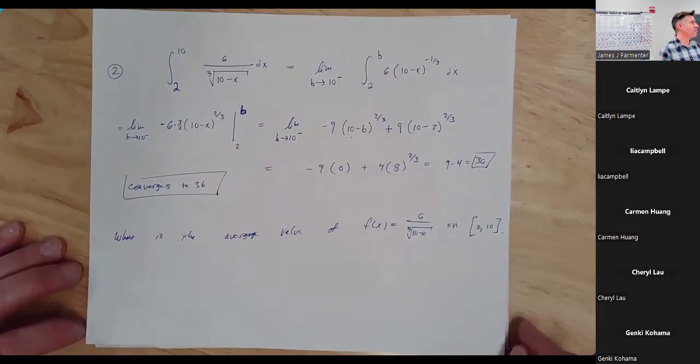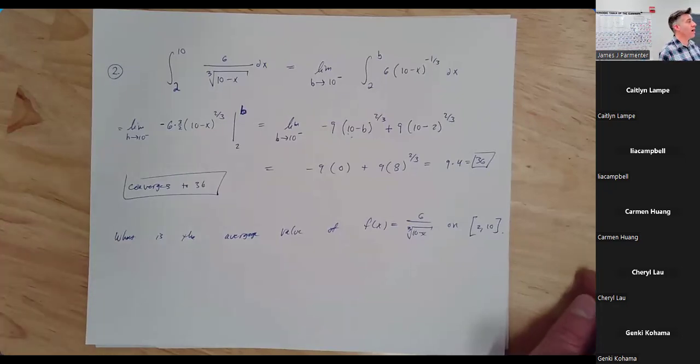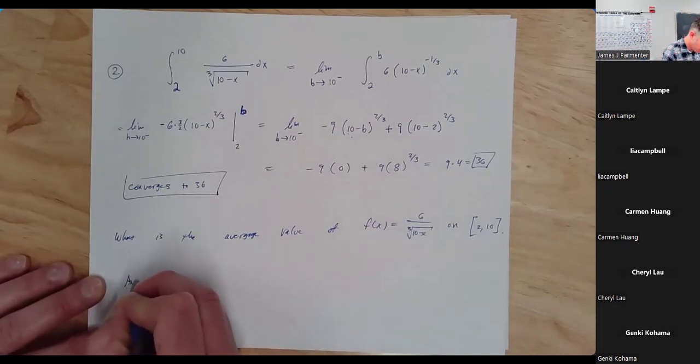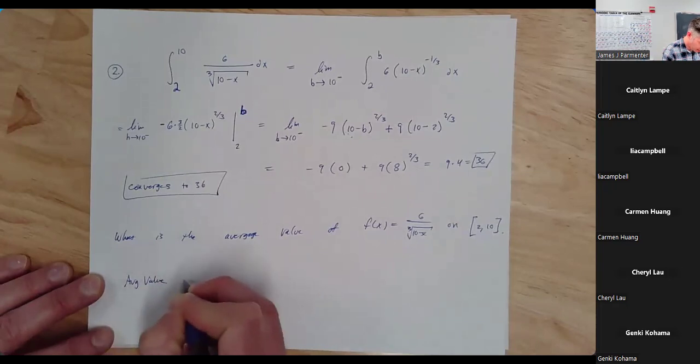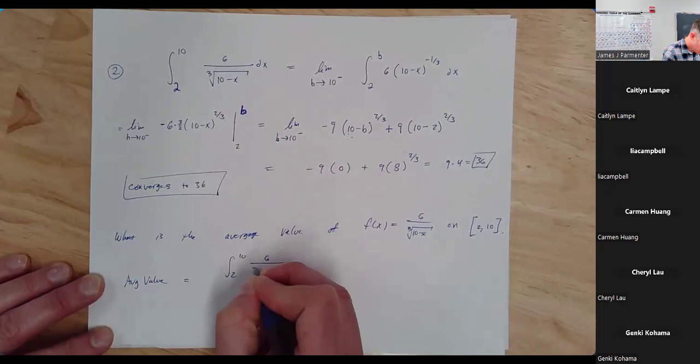Well, average value is great. Great's not the right word. Average value is easy. If you know how to find the area or the definite integral, the average value is literally a one-step tiny little thing you do. The average value here is going to be the same integral we just found, divided by what?